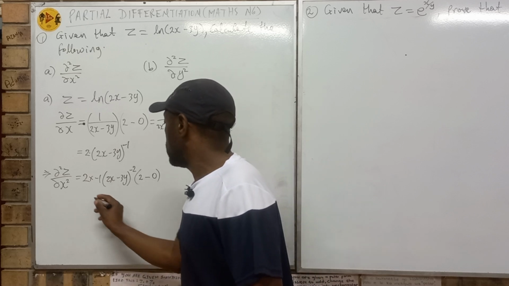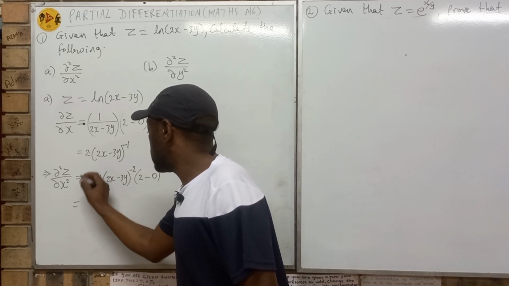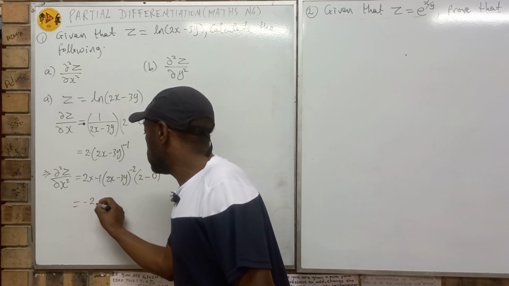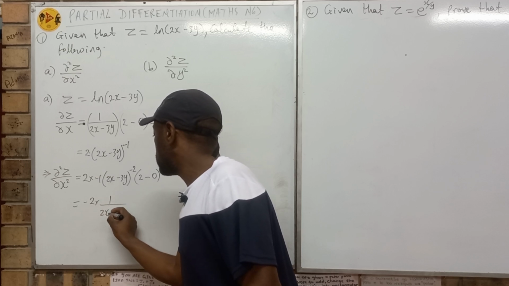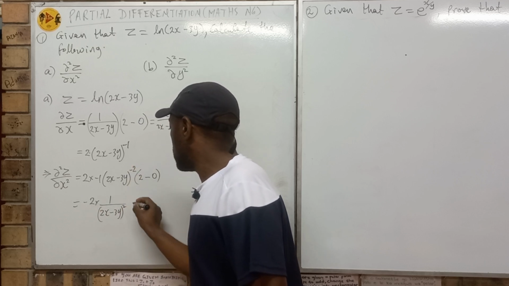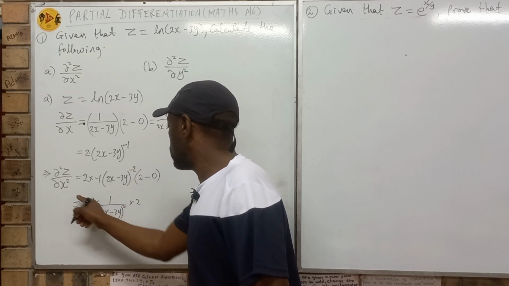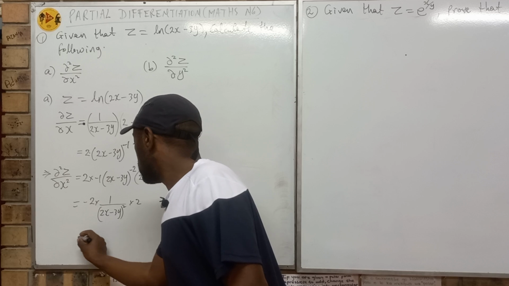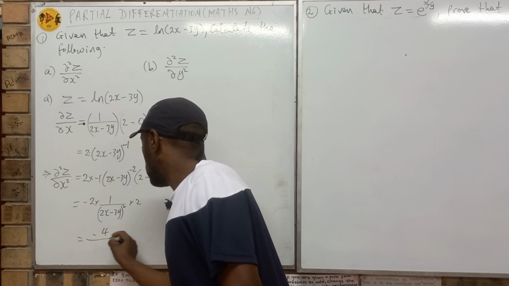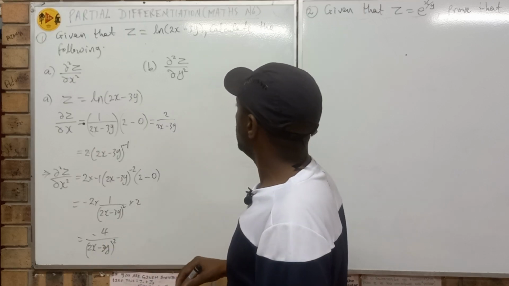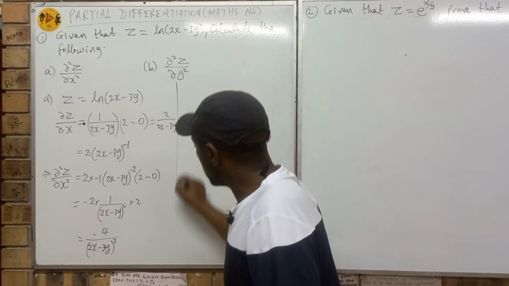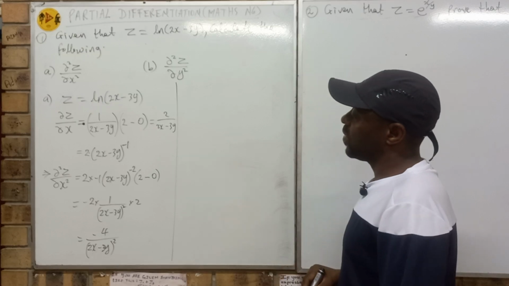So from here, you will see that what you have here is negative 2 multiplied by 1 on 2x minus 3y to the power 2, then times 2. So those will give us negative 4 on 2x minus 3y, all squared. So that is our second derivative of that function with respect to x.